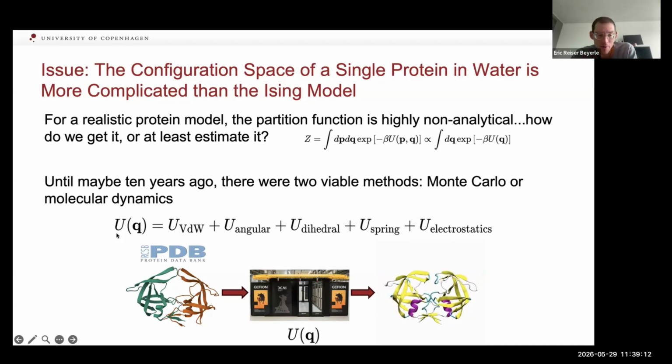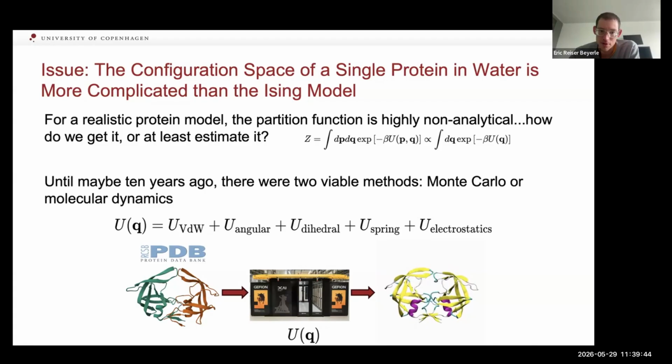If you're not familiar with it, what molecular dynamics basically does is you approximate the energy function as a sum of these terms: a van der Waals term, an angular term, a dihedral term, a spring constant term between the bonds in the protein, and then an electrostatic term. You have a bunch of what are called force fields that approximate these energy functionals. And then now we have an energy, so the force is the negative gradient of the energy.